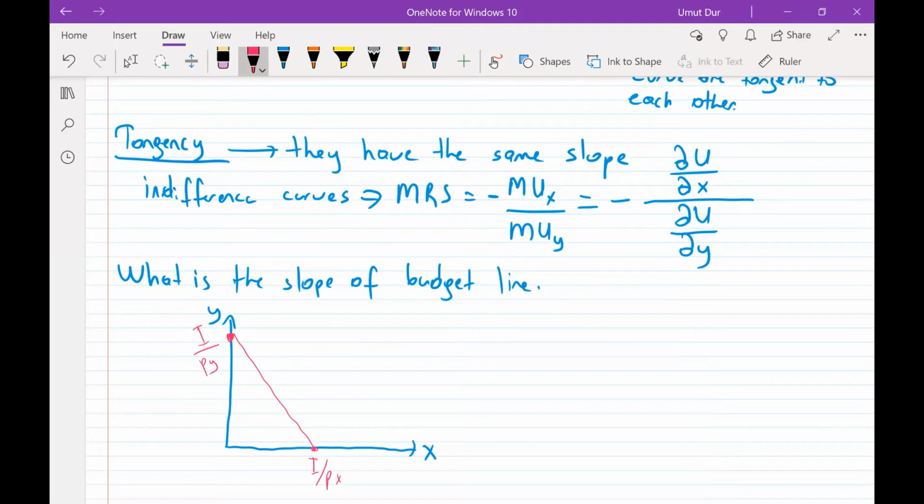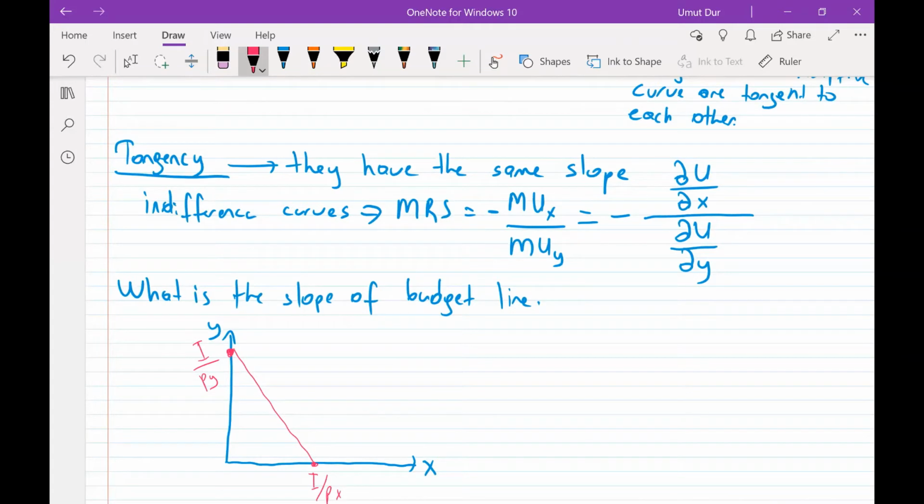The slope of this line is the vertical part divided by the horizontal part, with a minus sign due to the shape, which will be minus px over py.